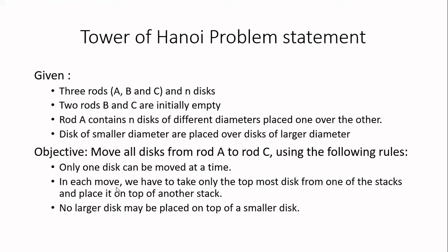Second, in each move, you have to take only the disk which is on the top. You cannot take from the middle portion. So you take the disk from the top and then place it on the top of the other stack. And the third rule is no larger disk can be placed on the top of a smaller disk. So these three rules we are going to follow.